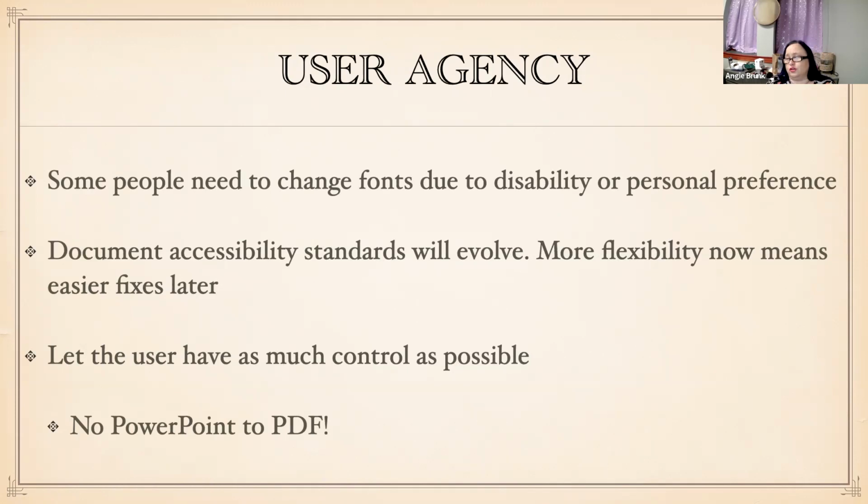And the more control that you can give the end user over the final product, the more likely you are to create something that they can actually use. So, for example, some people really need to change fonts or colors. And this can depend on various disabilities. There's a whole host of reasons why people might need to change fonts and colors.